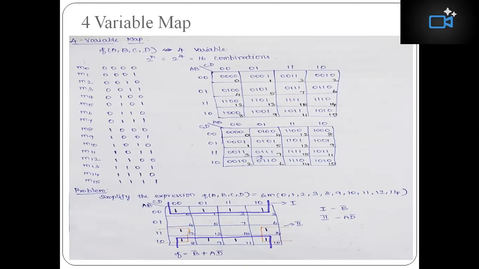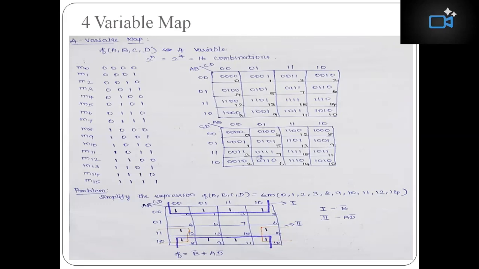Then at the bottom, the second table is also the same, but the only difference is that here I have interchanged the variable locations. You could see that now I have allocated CD for rows and AB for columns. Now do all the things, that is allocate 0, 0, 0, 1, 1, 1, 1, 0, everything the same.